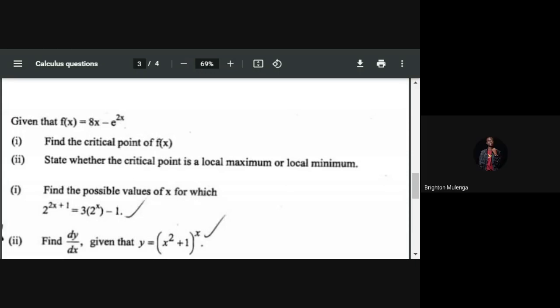As I was saying, if we let 2 to the power x equal to any letter, e.g. m, then since the 2 to the power 2x will be equal to m squared, then minus 3m, since there's no x there.